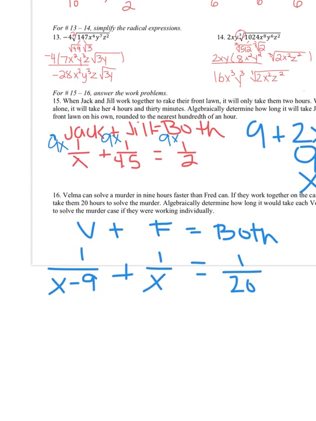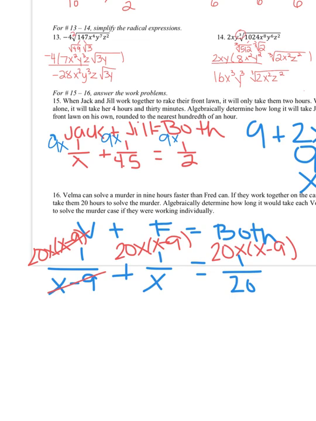So my LCD for this is 20x times x minus 9. You have to put them all together. So my first fraction, x minus 9 cancels. I have 20x plus 20 times x minus 9 equals x times x minus 9.